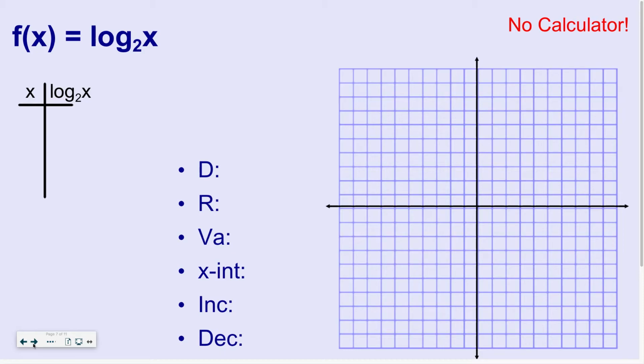Okay, f of x equals log base 2 of x. Now, I'm actually going to take a little side stroll here. You don't have to do this for every graph. But I'm just going to talk really quickly from yesterday about f of x equals 2 to the x.